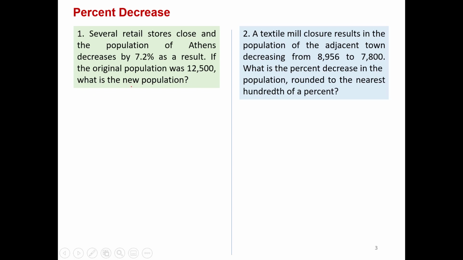But before calculating the new population, we need to calculate what is 72% of 12,500. Then, in order to calculate the decrease of the population, let's write what we want using the words we know: what, is, and of.